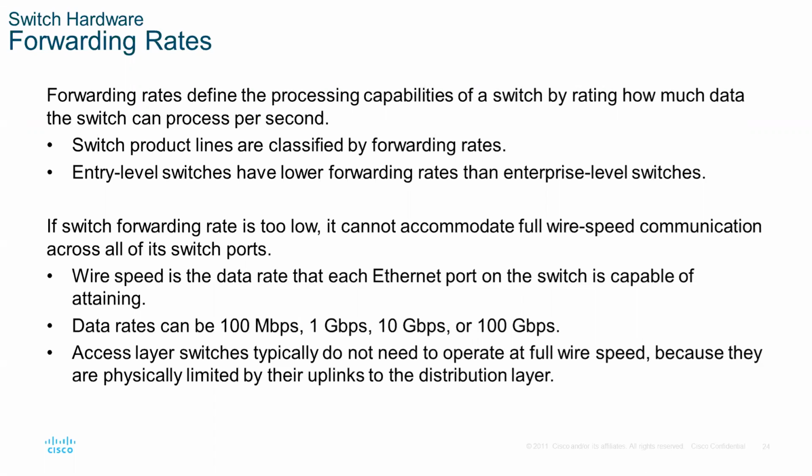Okay, so as we aggregate up, remember our speeds now are 100 megabits, 1 gigabit, 10 gigabits, or 100 gigabits, and that will change as we move forward in time, as technology improves. So we need to maintain full wire speed and not be limited by our links.